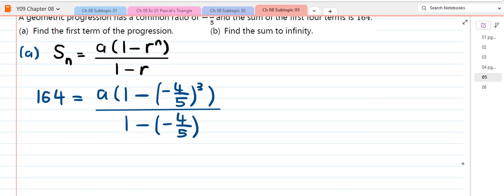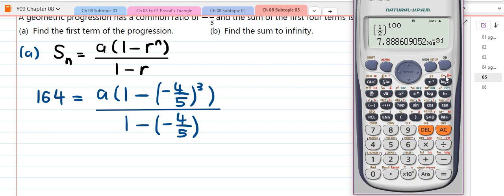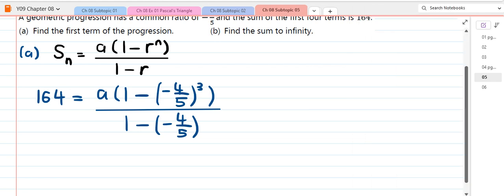I will try to simplify 1 minus negative 4 over 5 bracket to the power first.